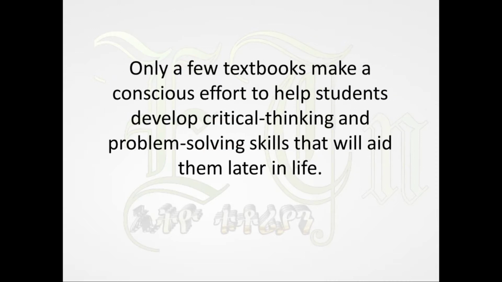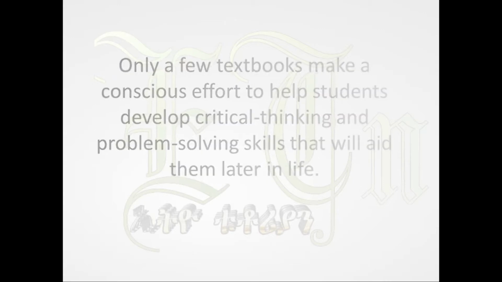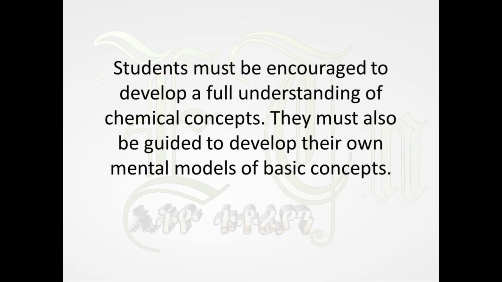Only a few textbooks make a conscious effort to help students develop critical thinking and problem-solving skills that will aid them later in life. Students must be encouraged to develop a full understanding of chemical concepts. They must also be guided to develop their own mental models of basic concepts.